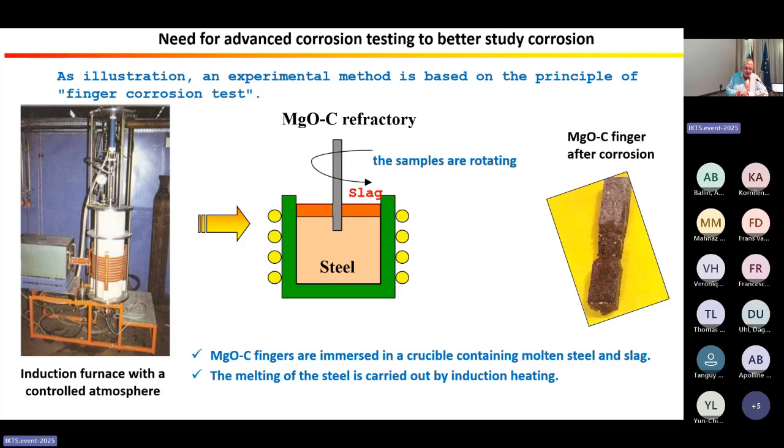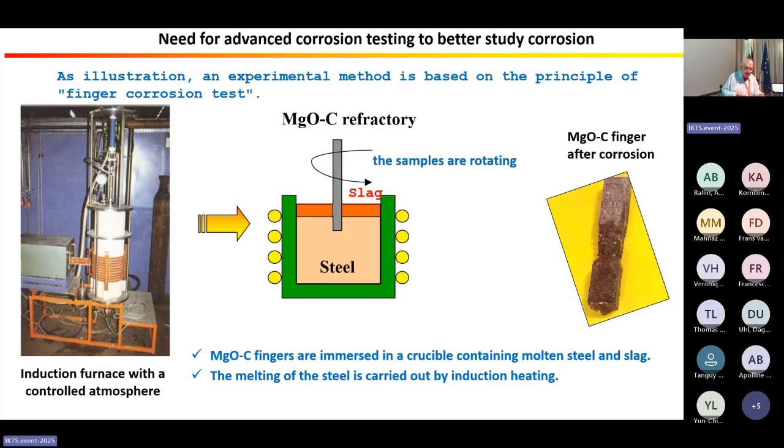Here you have an illustration of an experimental method based on the principle of the finger corrosion test. We use an induction furnace with a controlled atmosphere. We use fingers. Here you have an example of magnesia graphite fingers after corrosion.